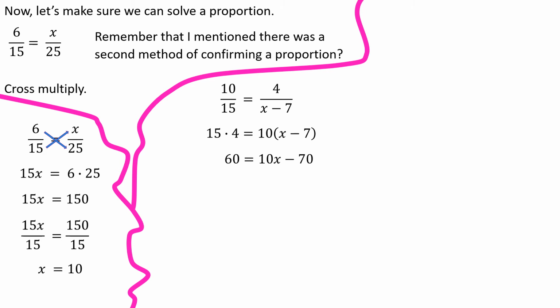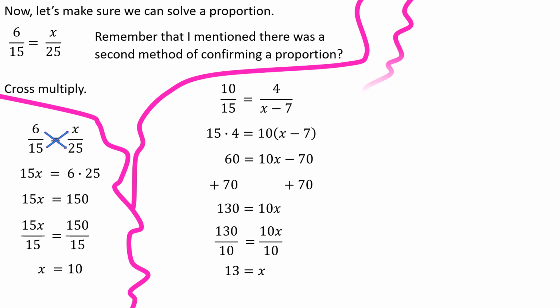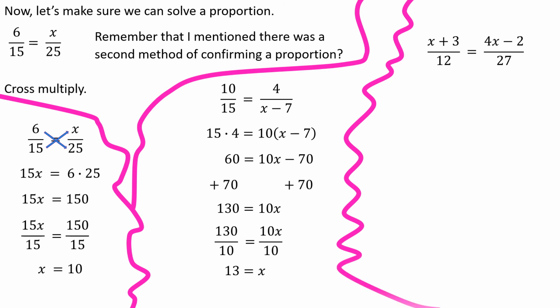And then the distributive property, 10 times x is 10x. 10 times 7 is 70. Let's add 70 to each side. Let's divide by 10. And there you go. X would be 13 for that to be a true statement, for that to be a proportion.